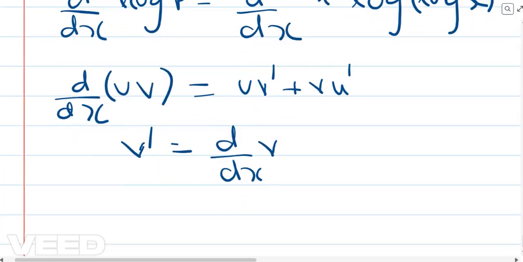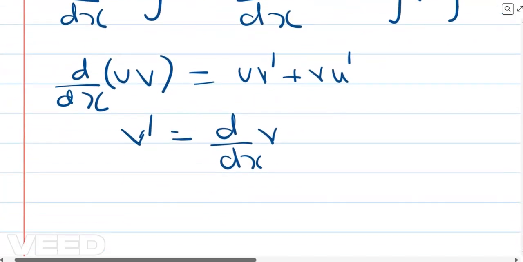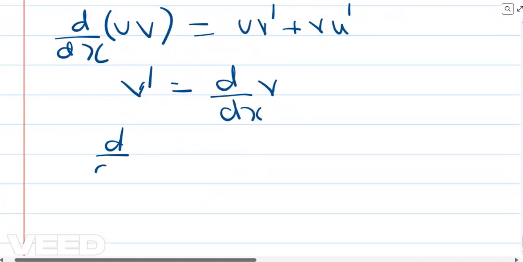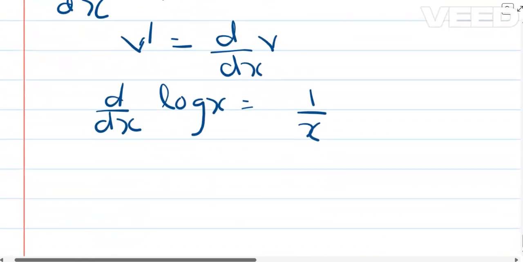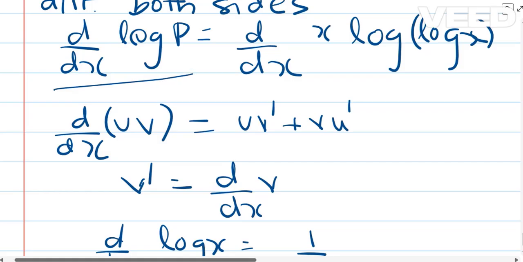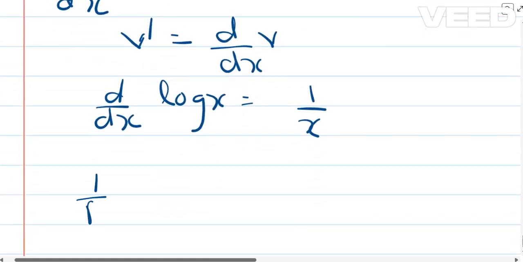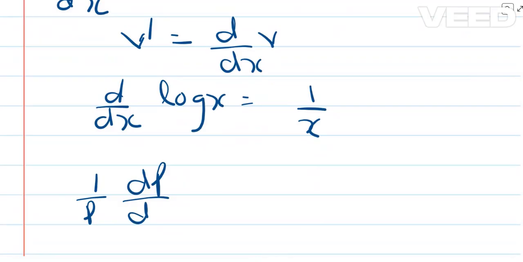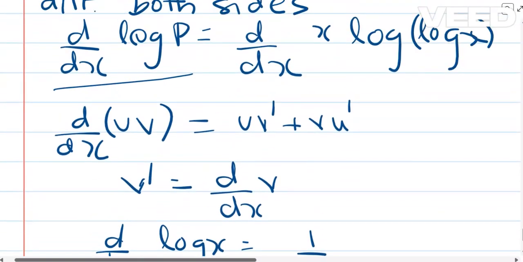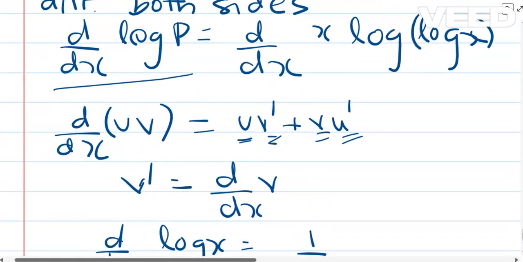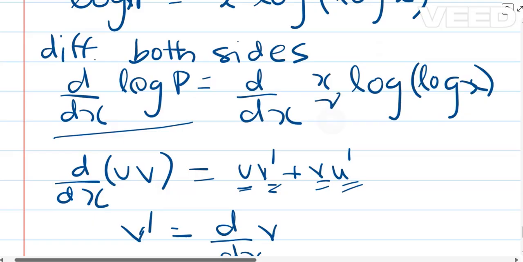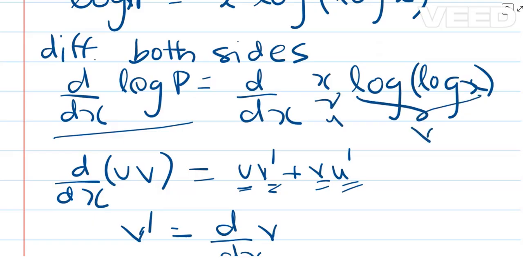Before we differentiate this, I'll teach you another concept: when we differentiate log x, we get 1 by x. This is a formula in calculus that we'll be using in this problem. So differentiating log p, we'll get 1 by p dp by dx. Then we'll be using the UV rule here. So this is u, this is v.